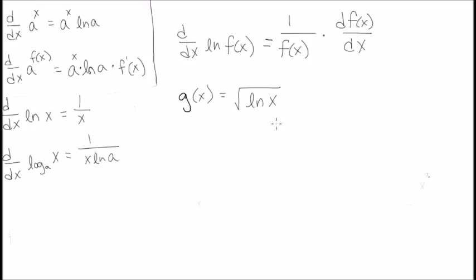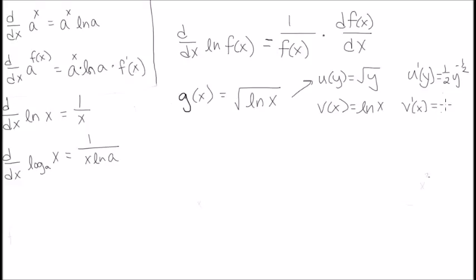So if you wrote this as a composite function, you might break it into u of y is equal to the square root of y, and v of x is equal to the natural log of x. The derivative of u of y is equal to 1/2 y to the negative 1/2, and the derivative of v with respect to x is equal to 1/x.